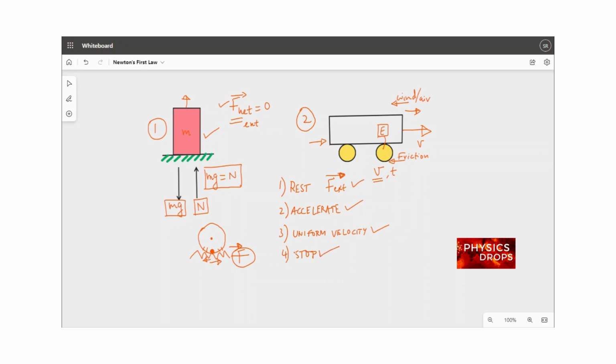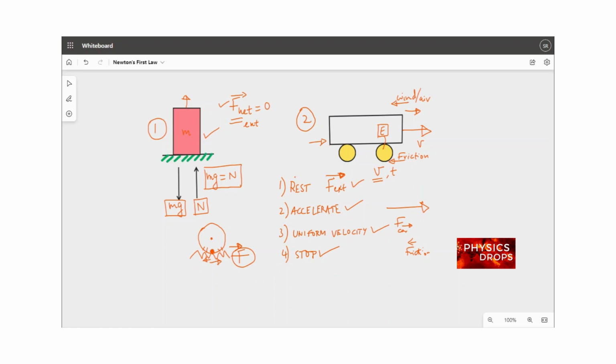So if you don't want the vehicle to stop and remain in uniform motion, then there has to be just enough force on the wheels exerted by the movement of the car forward, force of the car, just enough to balance out the friction if we ignore the air resistance.